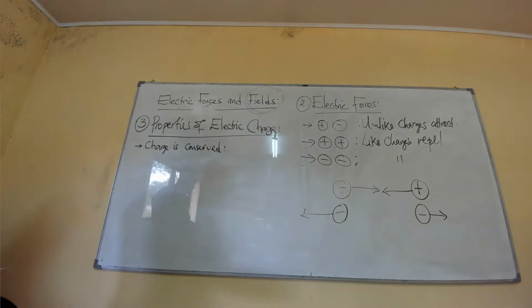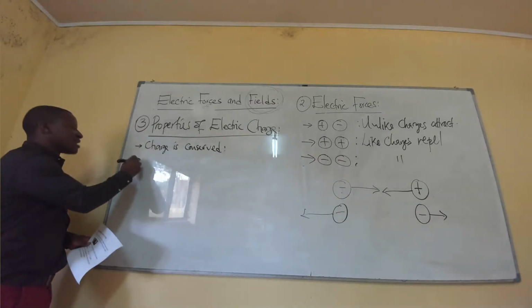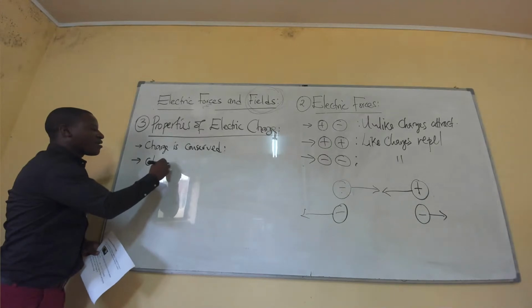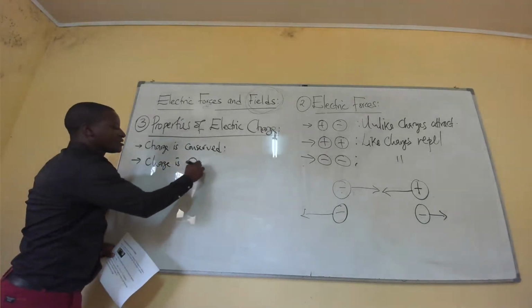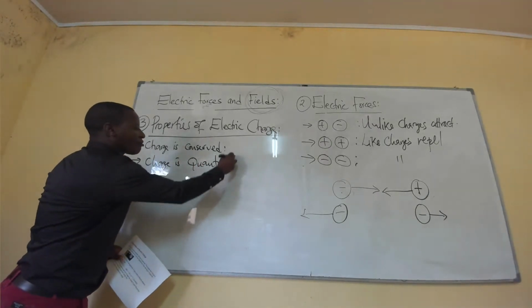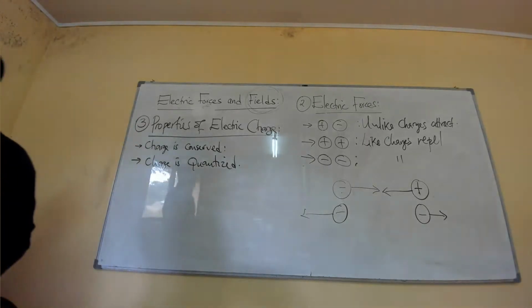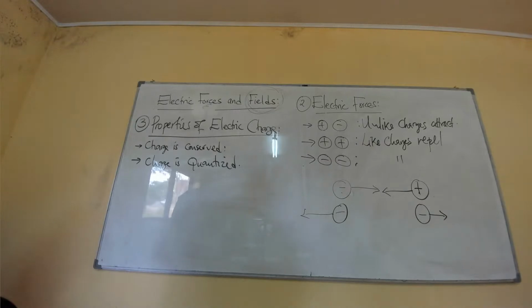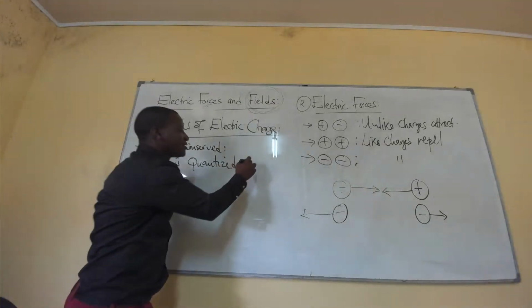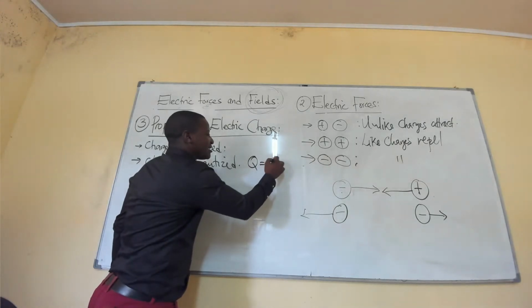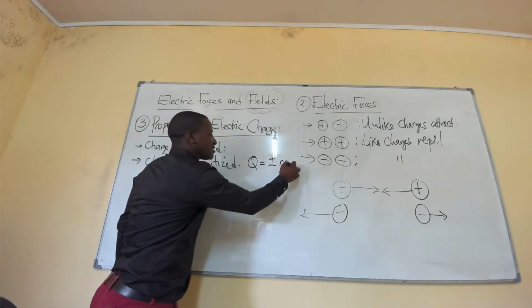Then number 2, the number 2 is that charge is quantized. What do we mean here? When we say that charge is actually quantized, it means that this charge Q can be plus or minus.